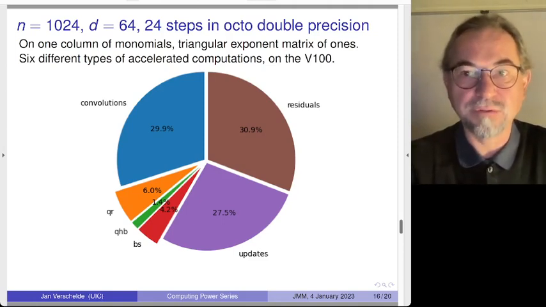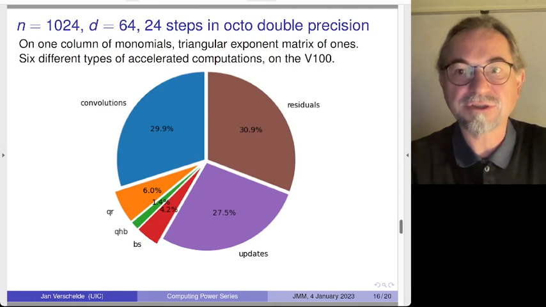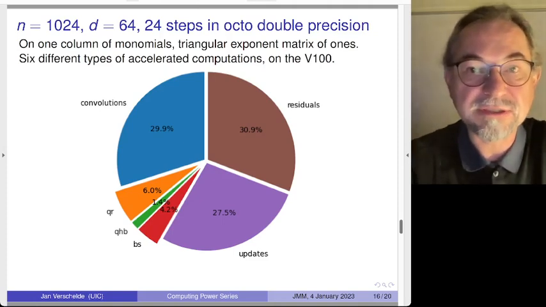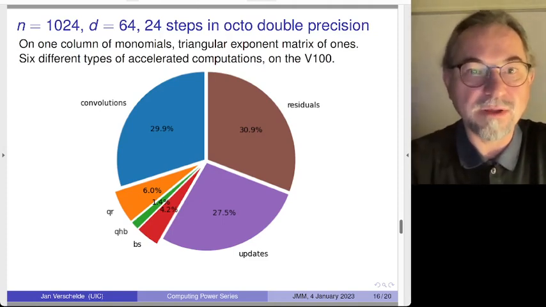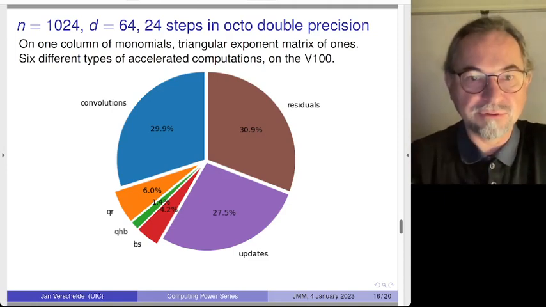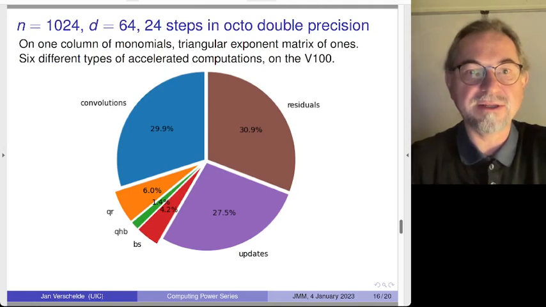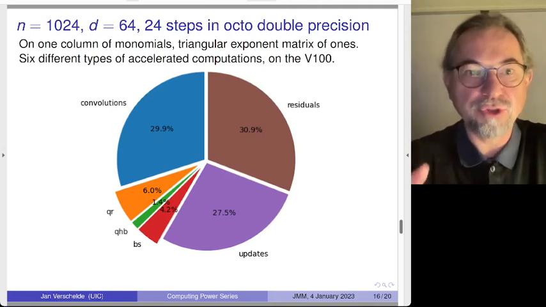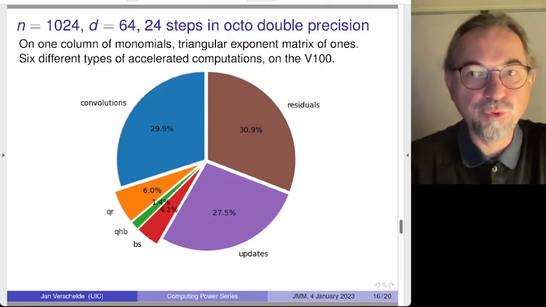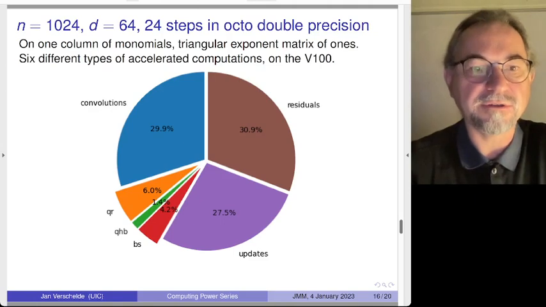Typically, if there is no convergence, if the residual is large, you will already notice this at one well-selected equation. So this is a first preliminary experiment. The pie shows where the future optimizations will need to go. So residuals is definitely the targeted area.